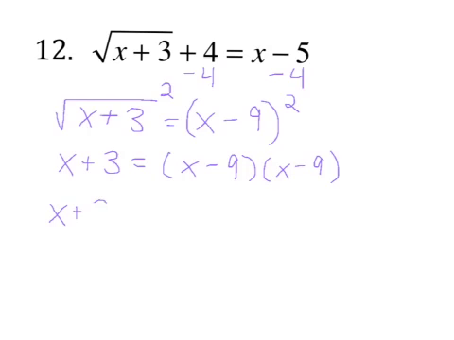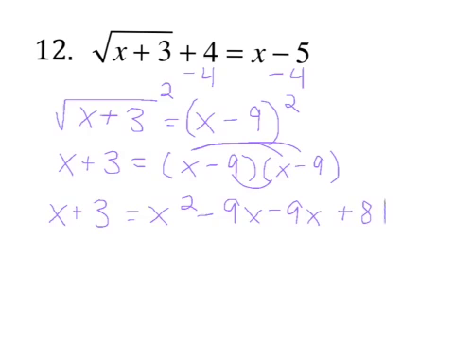So we get x plus 3 equals x squared minus 9x minus 9x plus 81. So x plus 3 equals x squared minus 18x plus 81.